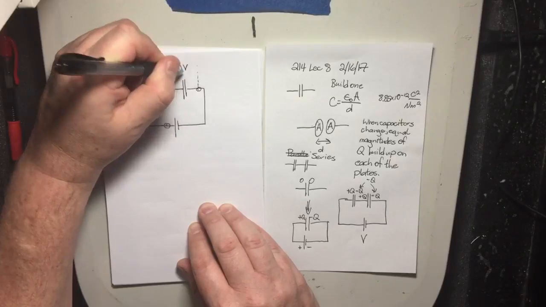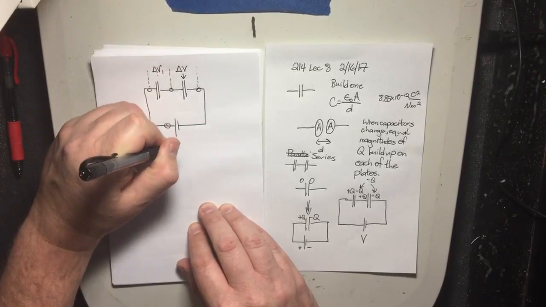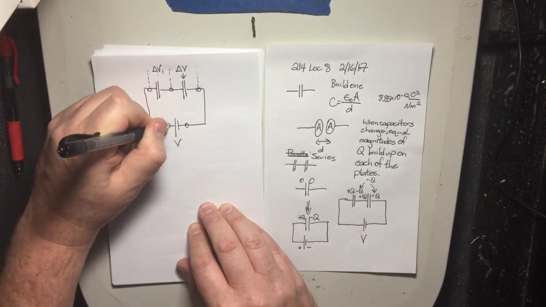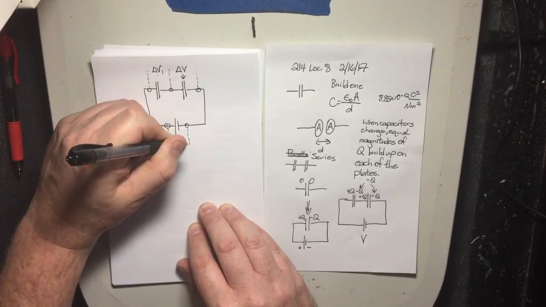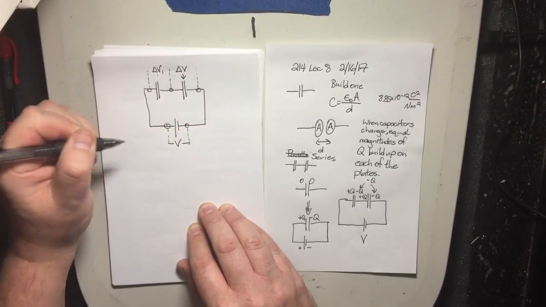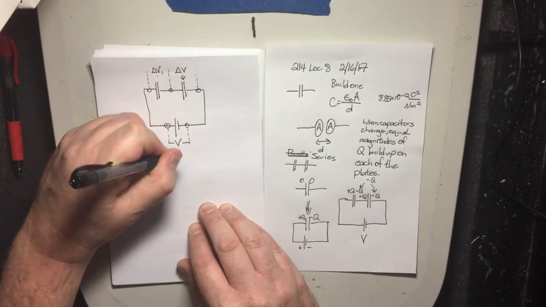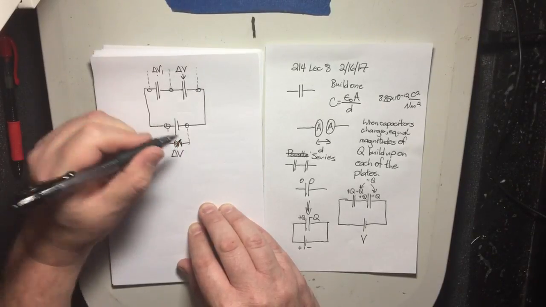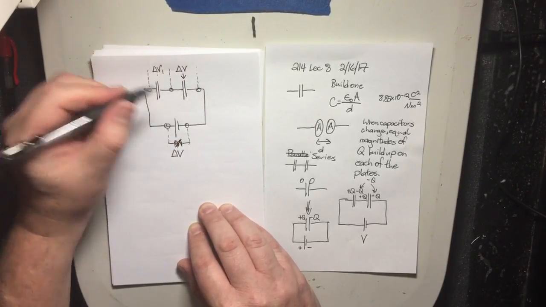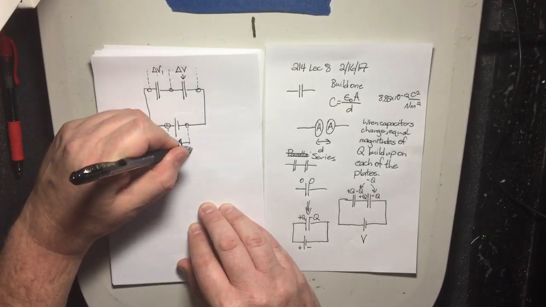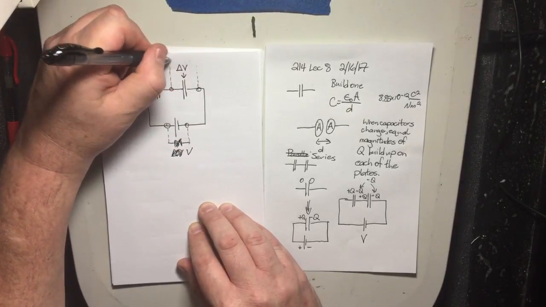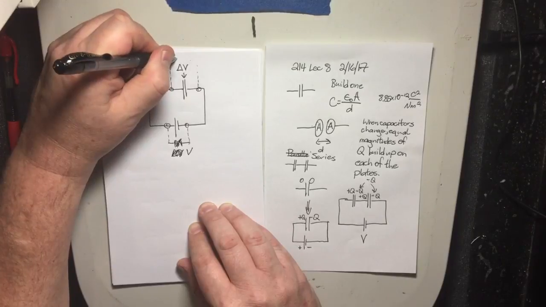So if you took your voltmeter and measured the potential differences across each of these, and actually more to the point, this one would be the V of the battery.